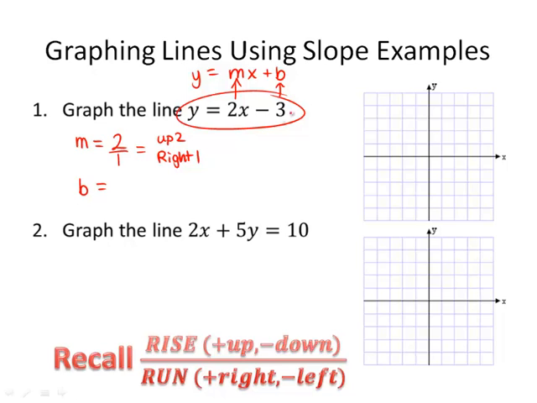And what is our y-intercept? Well, it's negative 3 based on the slope-intercept form. So let's start with those pieces of information. We can start with the y-intercept, and that is at (0, negative 3).